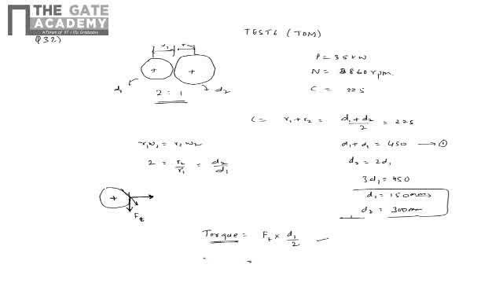Torque we can get from the power and the speed information, because 2 pi N T by 60 is the power. So torque will be 60 into power by 2 pi N, and that is nothing but Ft into D1 by 2.